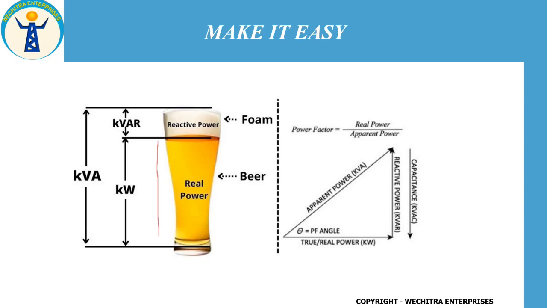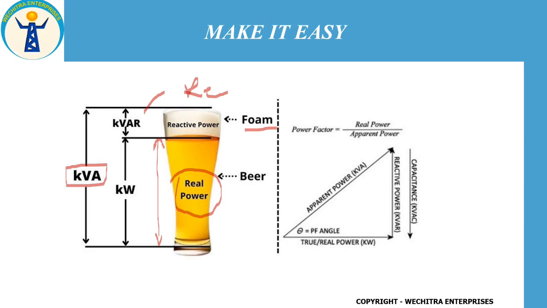This much of real beer you have is the real power, and the foam above that is your reactive power. And this whole glass of beer is your apparent power, kVA. So this is the diagram.